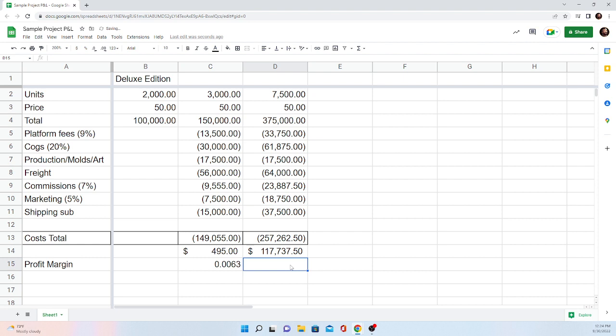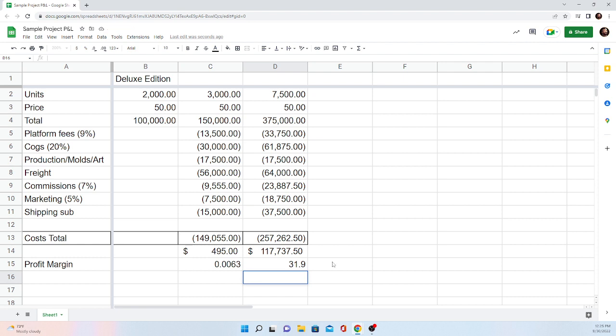All right, divide that back into 375. Beep, beep, beep. Look at this, boys and girls and non-boys and girls. 31.9% profit margin. And the only things that really changed, right, are we got some more efficiency out of our freight, and our COGS came down on the units.